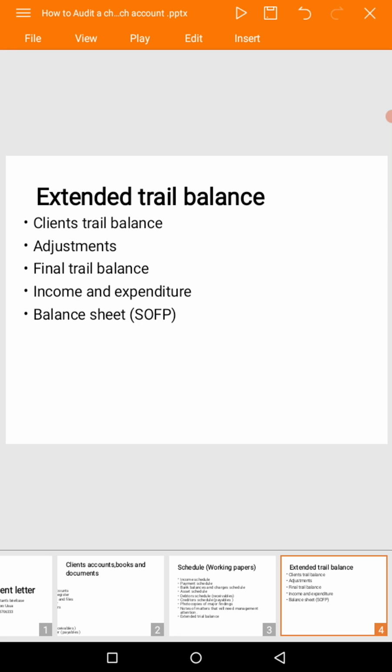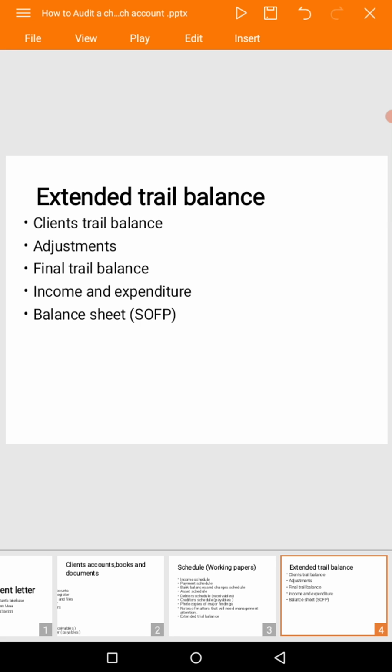Final trial balance is after my adjustment. I will now have a final trial balance, debit and credit. And then I'll now extend it to my income and expenditure and balance sheets, and I will now have a balance. It is from there audited account is produced.